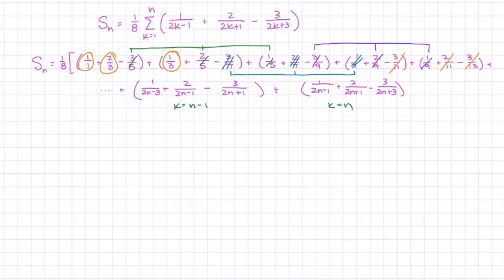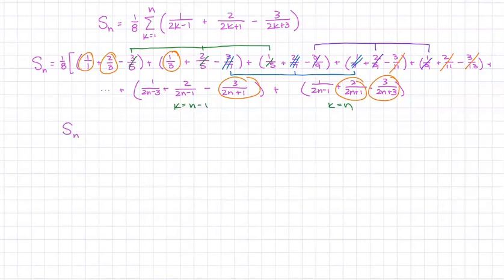And then this is where I count the fractions to see what I'm left with. So in the beginning, starting from the first fraction, it's the first, second, and fourth fraction. So starting from the end, it's the first, second, and fourth fraction that we're left with. So it's got that nice symmetry to it.